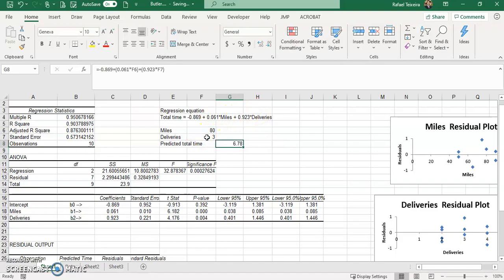So the predicted total time is going to be 6.78.